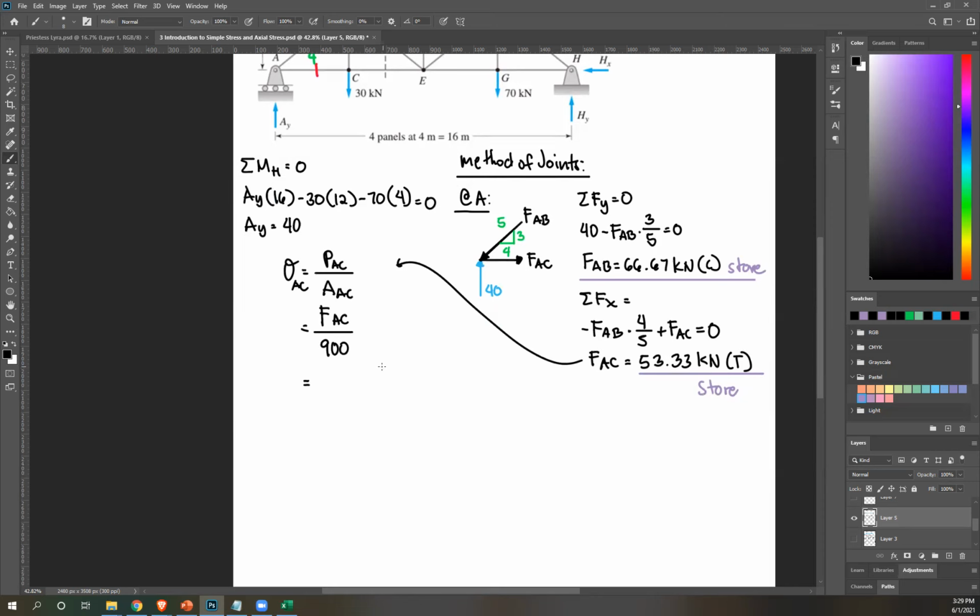That's not our normal unit for stress. Recall, our normal unit for stress is Newton per millimeter squared, so that we can convert that to MPa. So instead of FAC, that needs to be FAC times 10 raised to 3 to convert kilonewton to Newton, so that our final answer is in MPa.